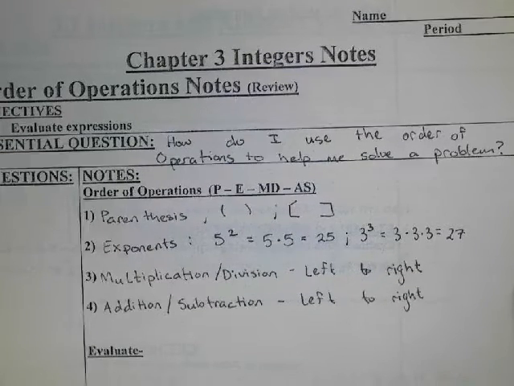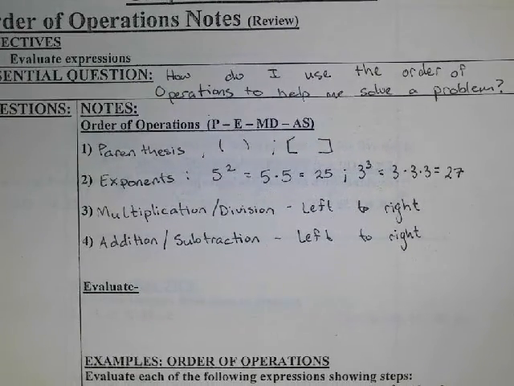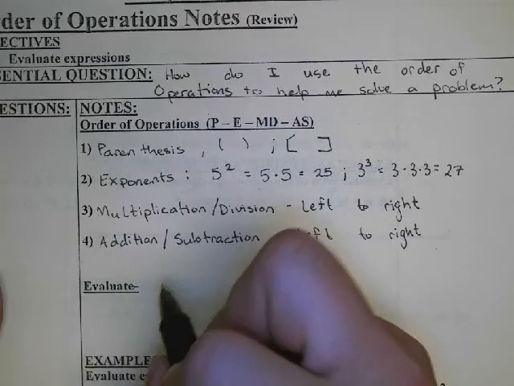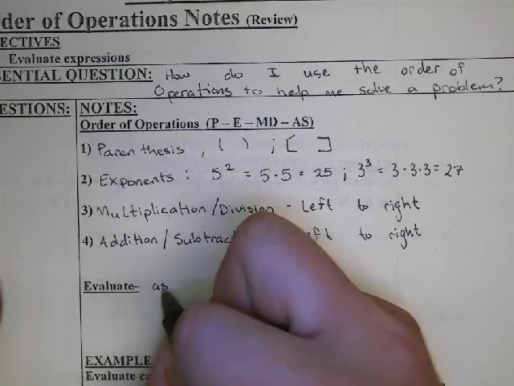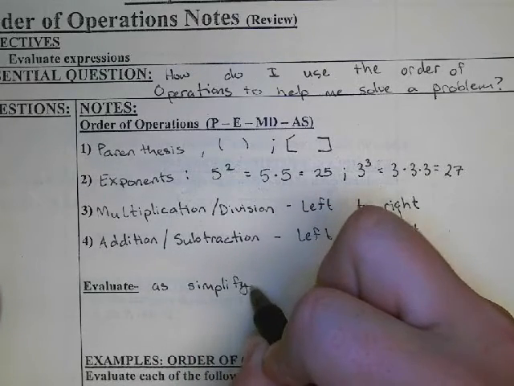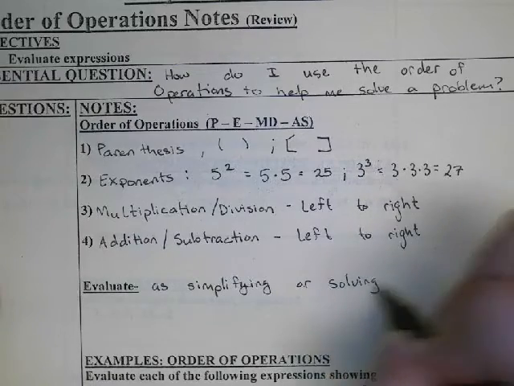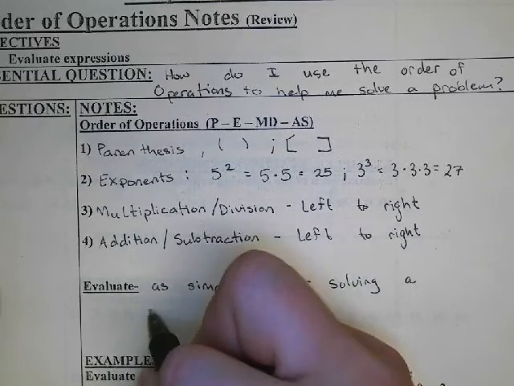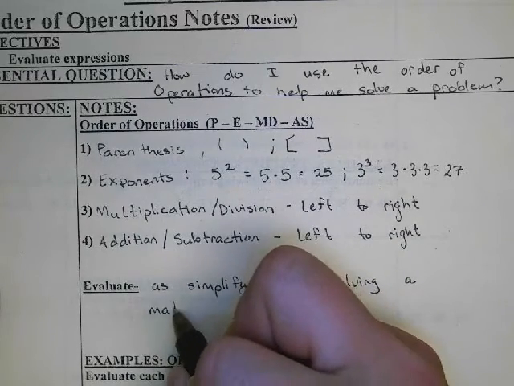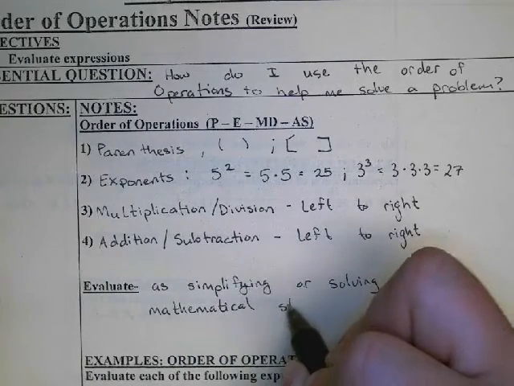Now the word evaluate, what the word evaluate means is that it's pretty much a synonym or a similar word to the word solve. So evaluate, we can think of as simplifying or solving a mathematical statement.